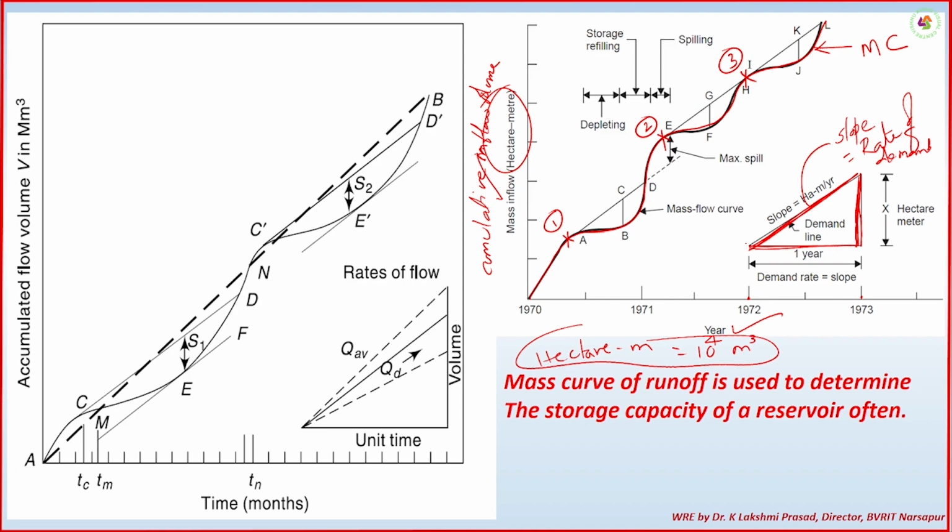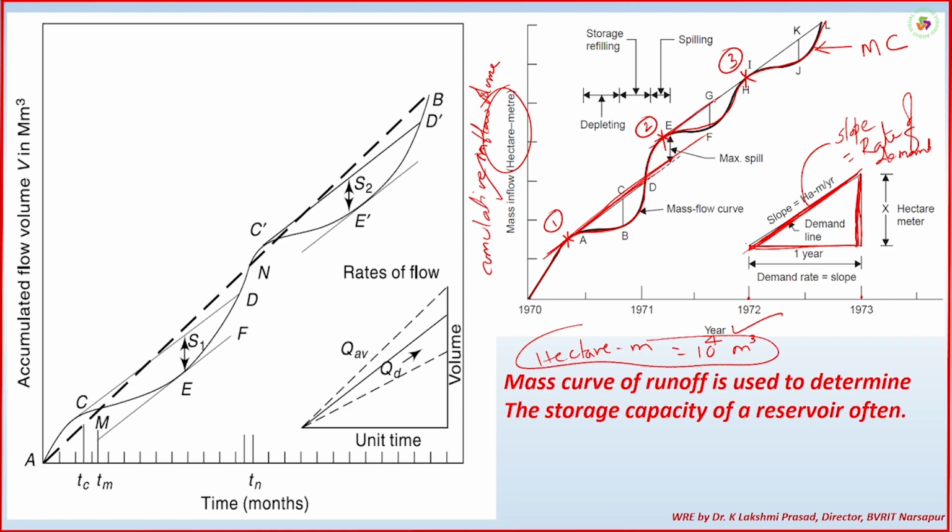What should I do? Draw a tangent at this peak point parallel to the demand line. This is the demand line. Parallel to this line, draw a tangent at this point.